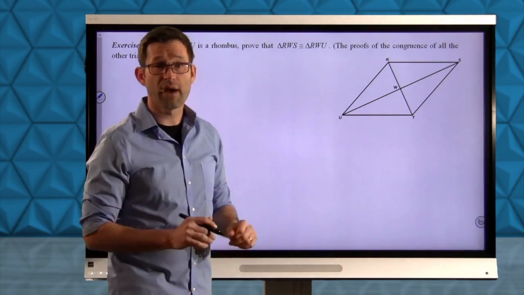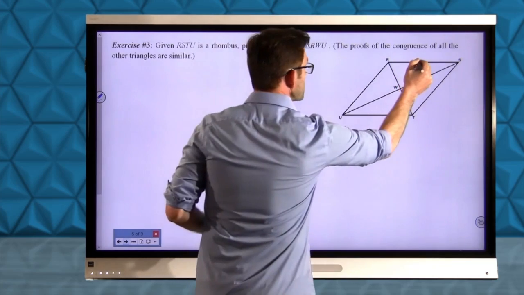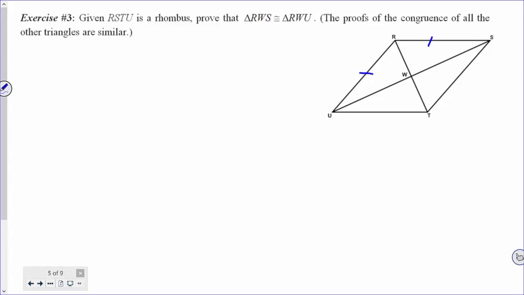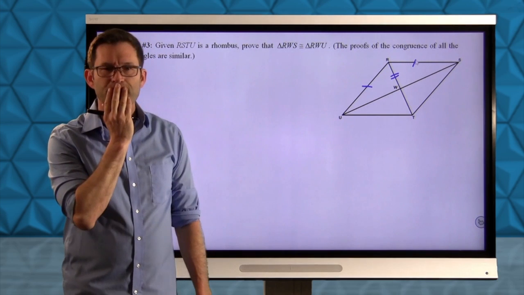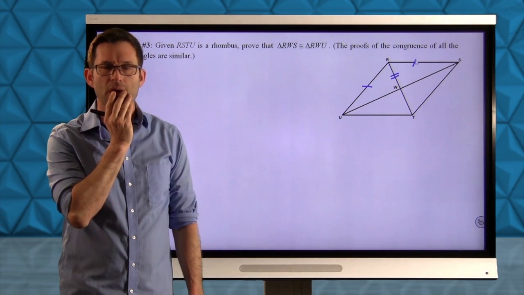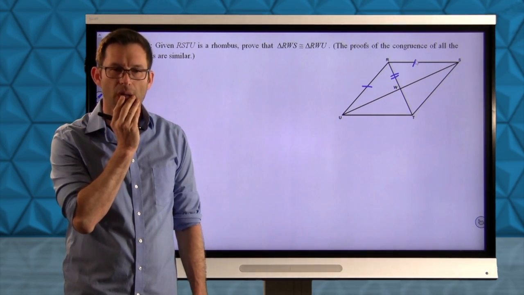Well, just based on the fact that it's a rhombus, obviously we can say that this side is congruent with this side. All 4 sides of a rhombus are congruent to one another, right? Now, what we also know, and what we should always be looking for, are things like shared sides. So those 2 triangles actually share side RW. All right, now, we don't know too much about angles in all of this.